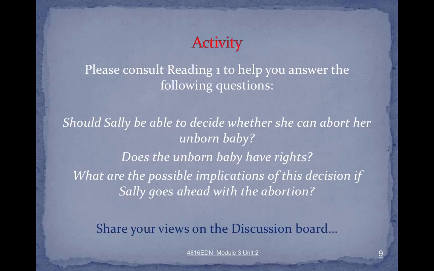So that's what I mean about making evidence-based decisions. We know a little bit about the science, we know a bit about ethics, and then we can make a better judgment. So have a read through that stem cell article first, and then think about these questions.